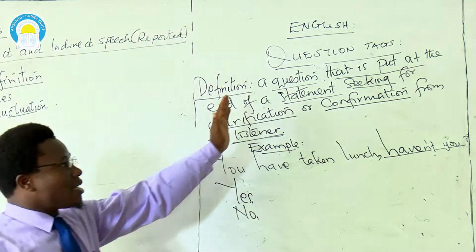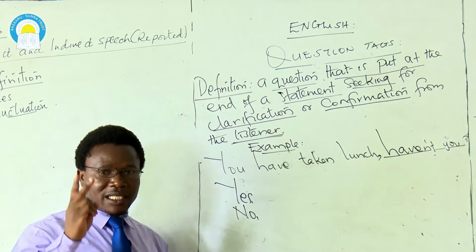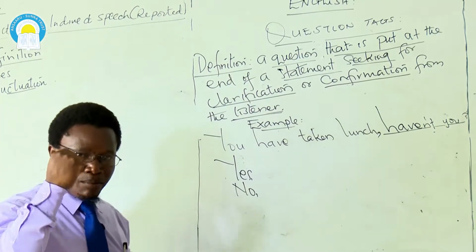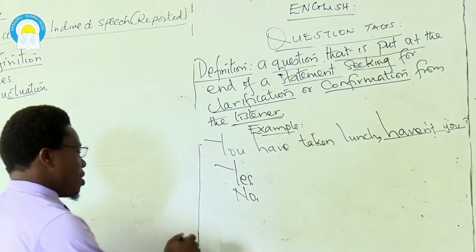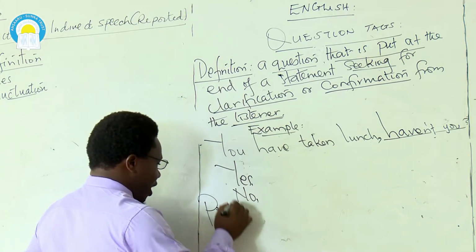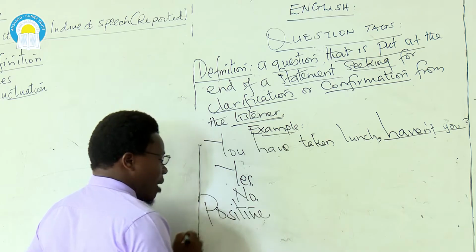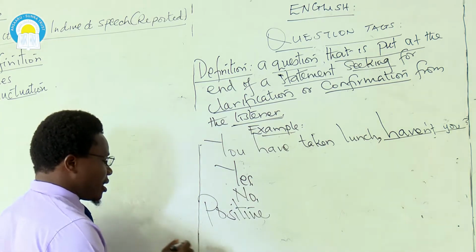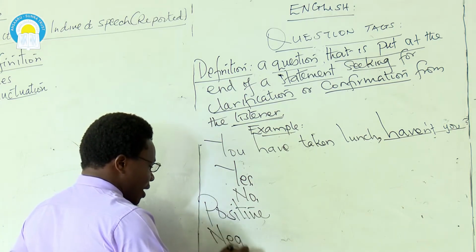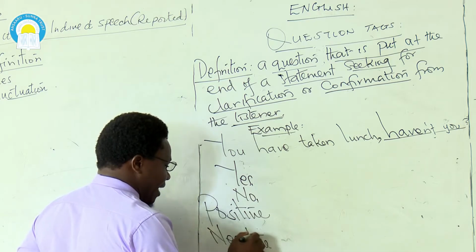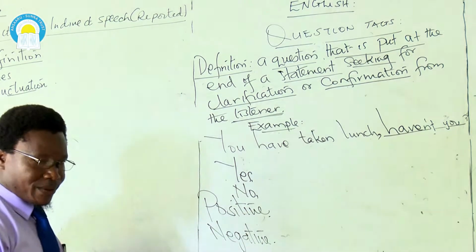Basically, under question tags, there are two statements we need to put at the back of our minds. One, we need to remind ourselves of a positive statement, and two, remind ourselves of a negative statement.